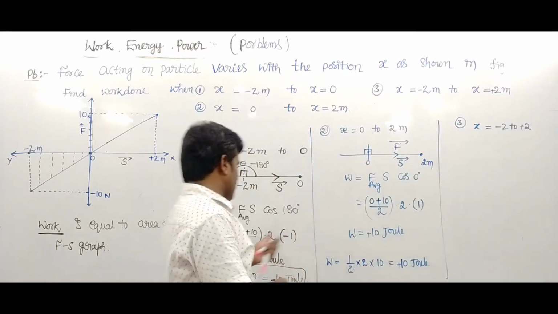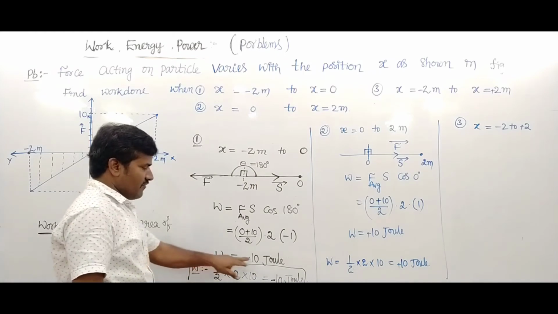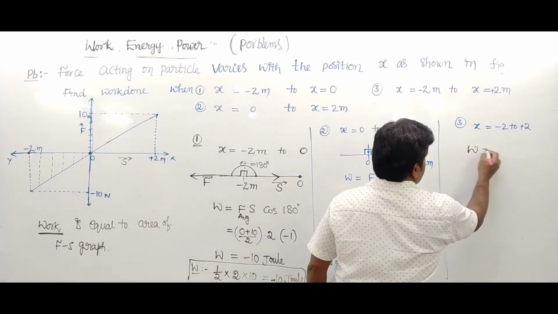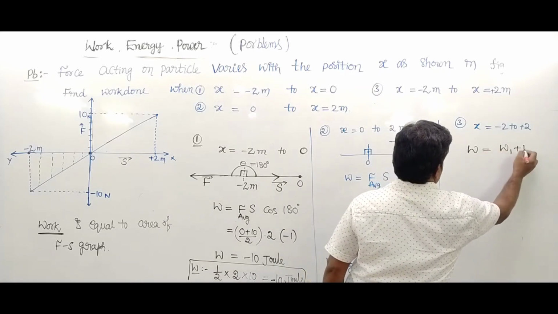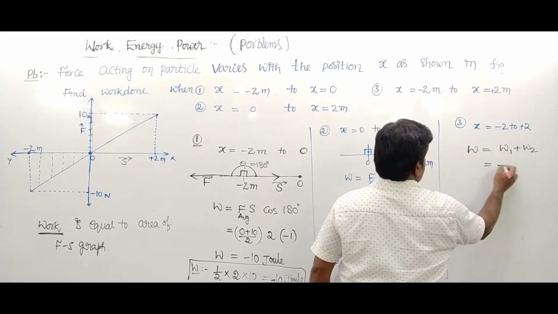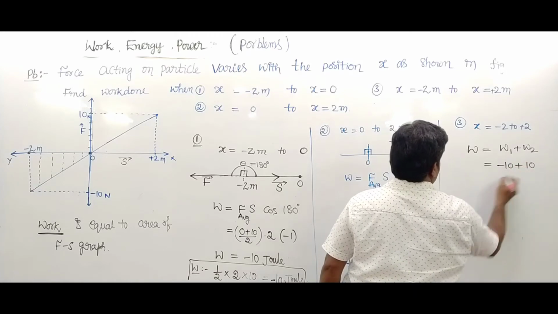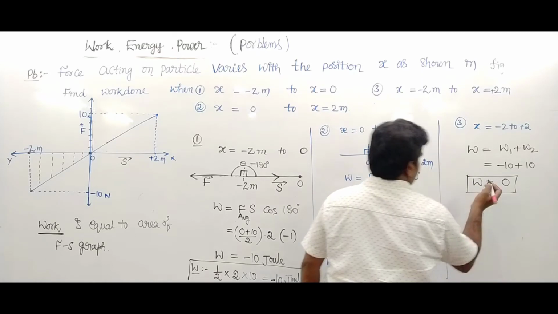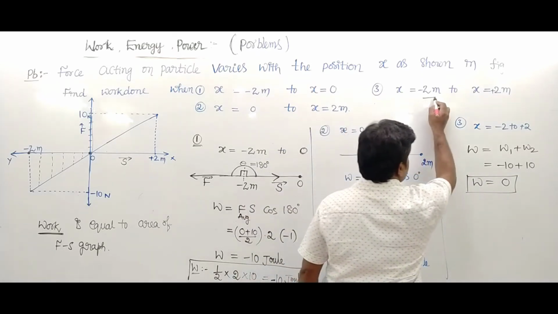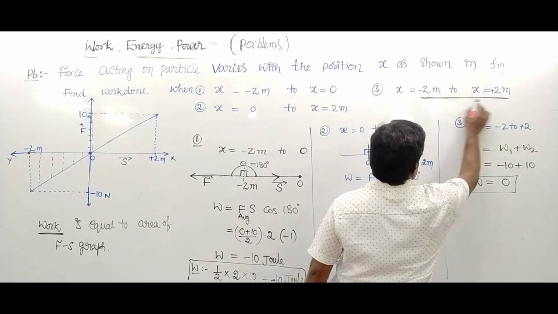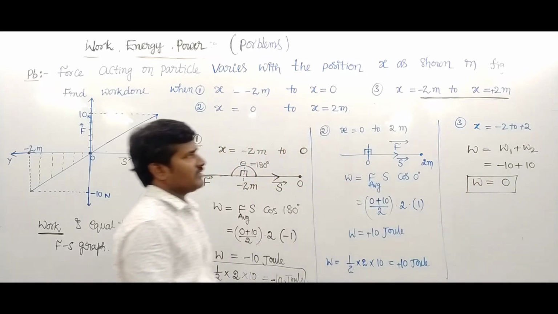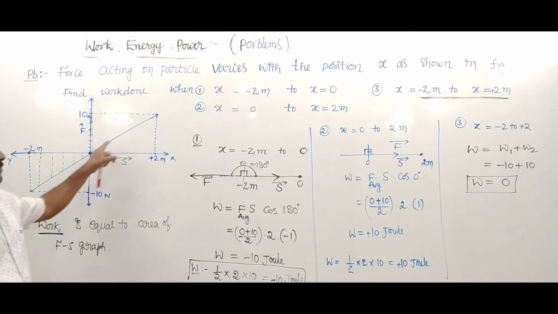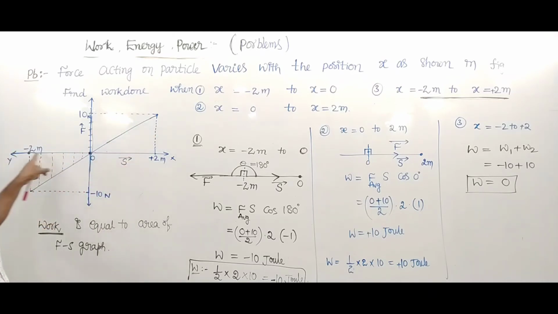There are two works. In the first case the work is minus 10 joule, in the second the work is plus 10. Then W equals W1 plus W2, minus 10 plus 10, so the total work done becomes 0. So from minus 2 meter to 2 meter the work done is 0. This part is positive and this part is negative.